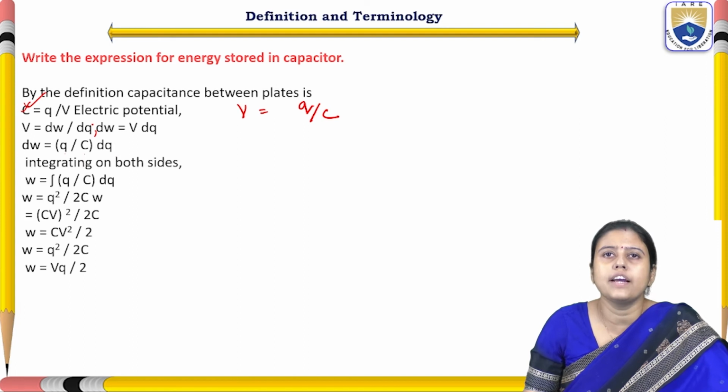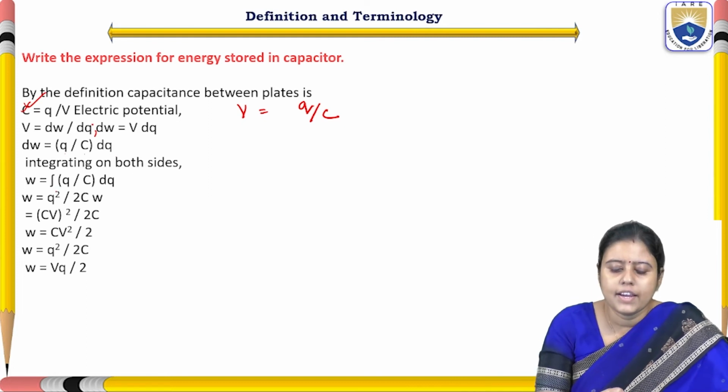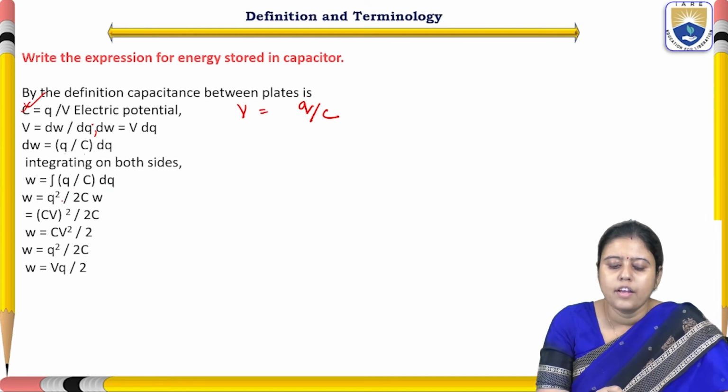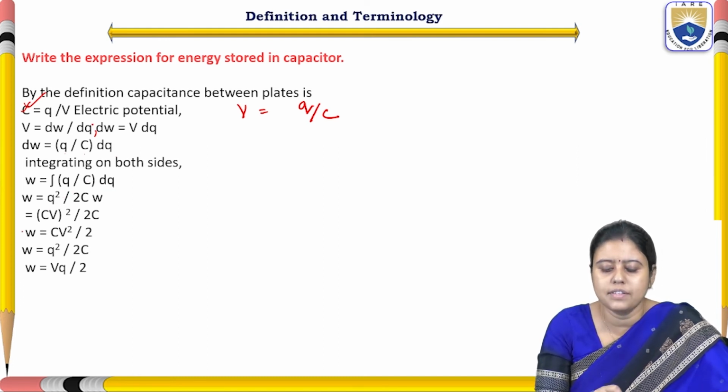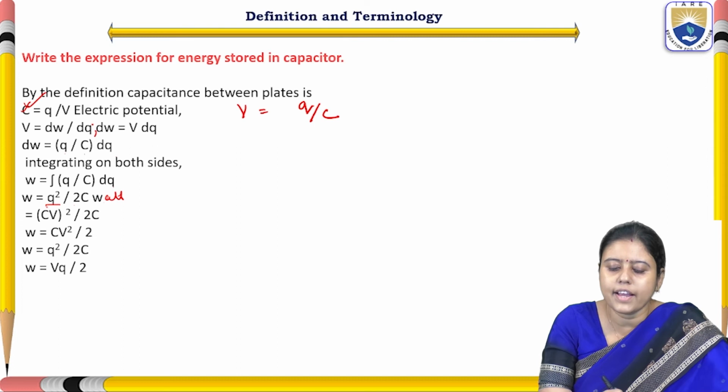Now if we integrate both sides, what will we get? The integration of Q by C into dQ. Since 1 by C is constant, we get Q square by 2C, this is the W, work done. Now what is Q?